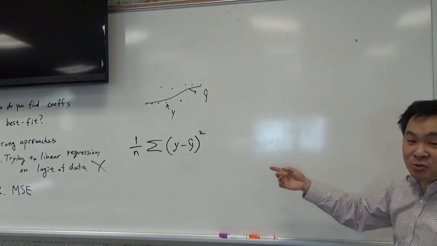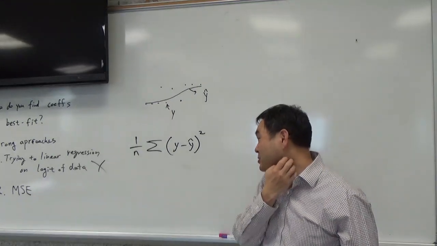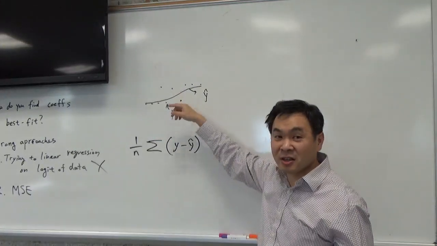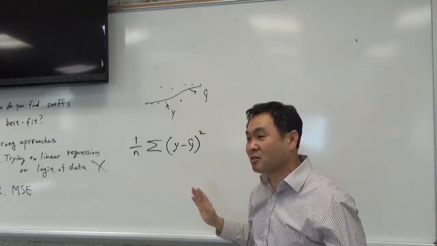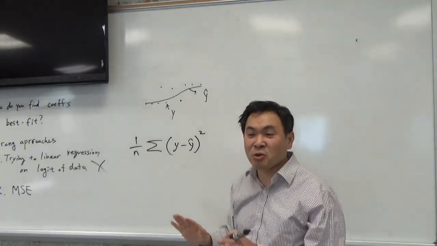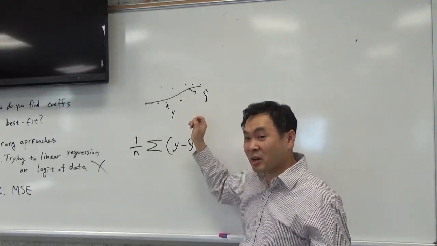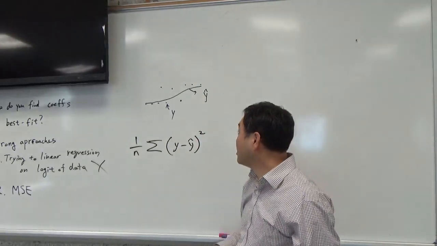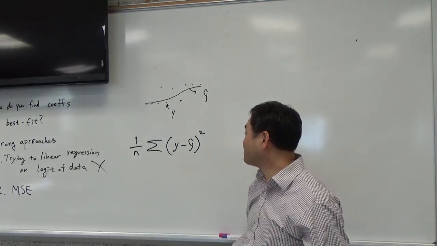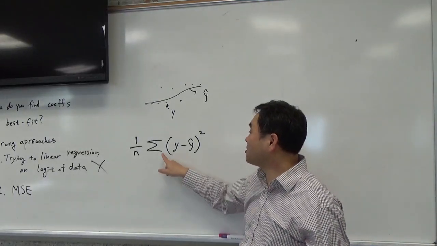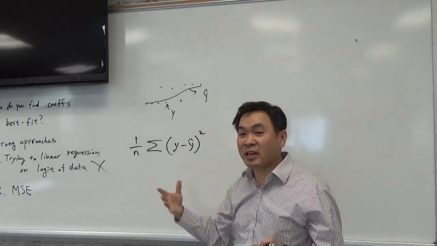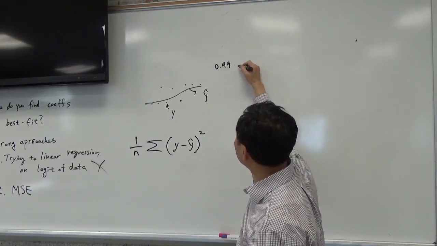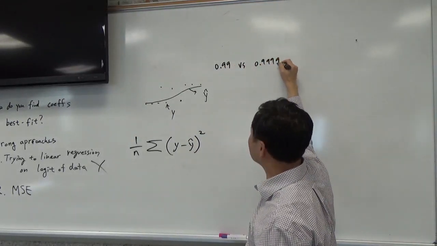So you might think this is what we should do. First of all, even if you use this against the data and you try to find the minimal one, you can't do it by hand. There's no closed form solution that you can write down. It's algebraically impossible. So that's one of the problems. Another problem is that this, again, has the same problem of not respecting the difference between 0.99 probability versus 0.9999.